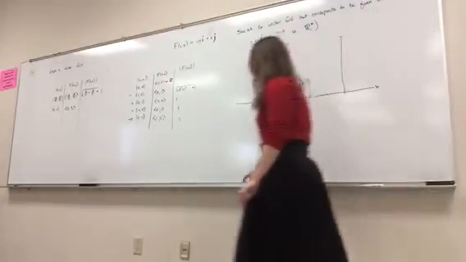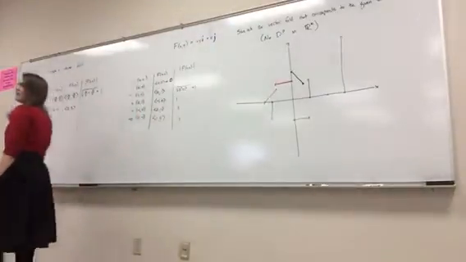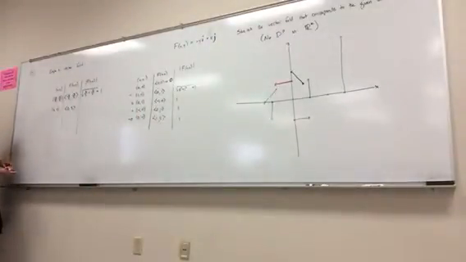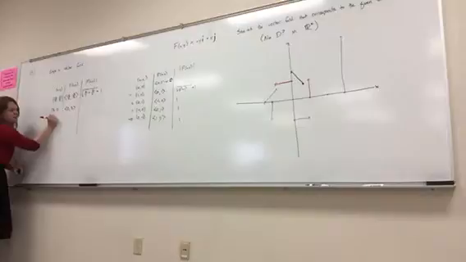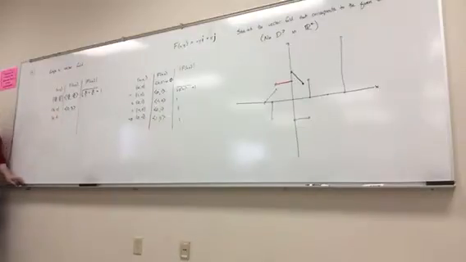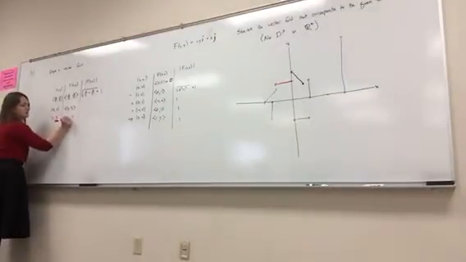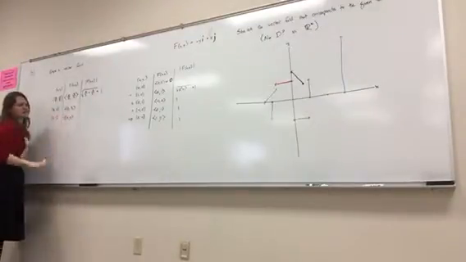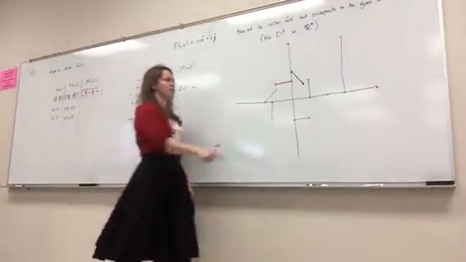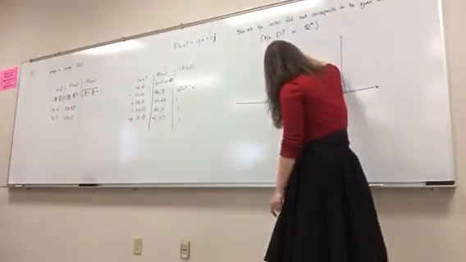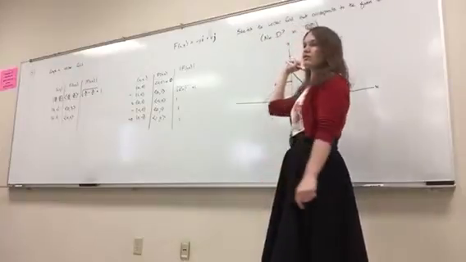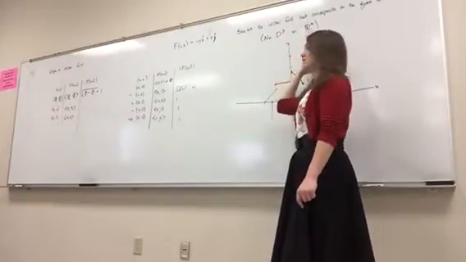Let's do one more. Someone choose a strategic point for me here. If I chose 0, 3, what would my vector be? 0, 3, 0, which means if I go up to 3, 0, 1, 2, 3, where's my vector pointed? Left.